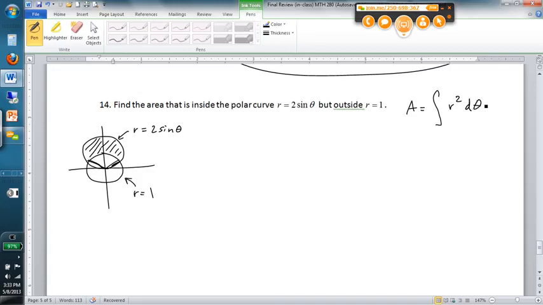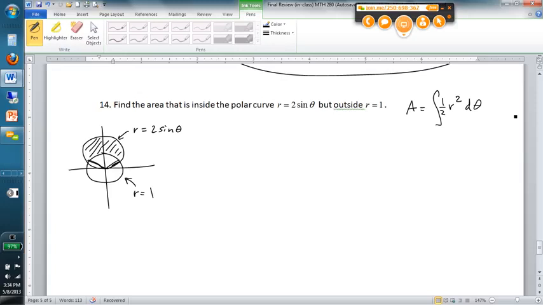I thought it was just the area inside, 1/2 r squared d theta, isn't it? I think it's just one. Let me check. Now you got me doubting here myself. Area, polar. Yeah, it's 1/2 r squared d theta. I think that was arc length. You were doing arc length. I just want area. 1/2 r squared d theta.